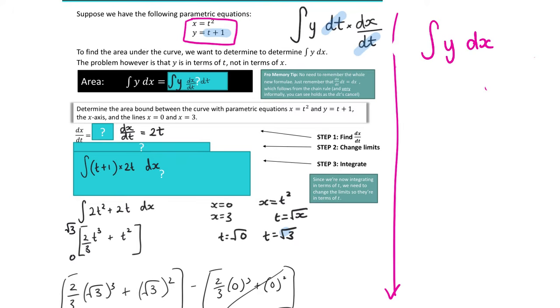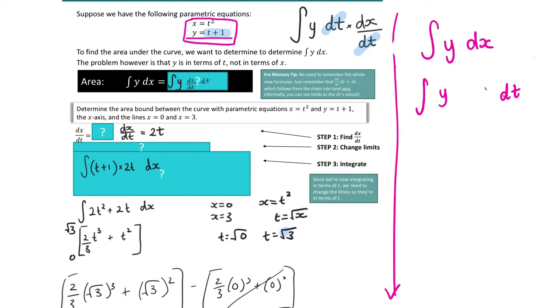This is really difficult to do with what we've been given. So the best way to now do this is to know that we can integrate y with respect to t, can't we? Okay? Because y is in terms of t.